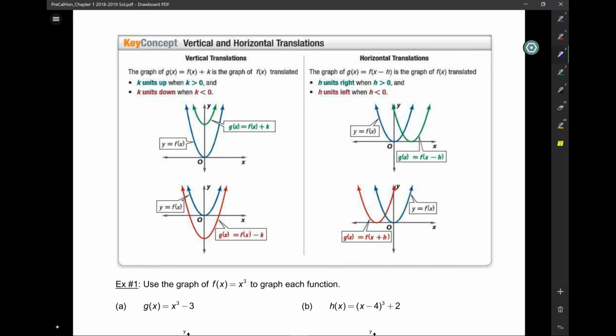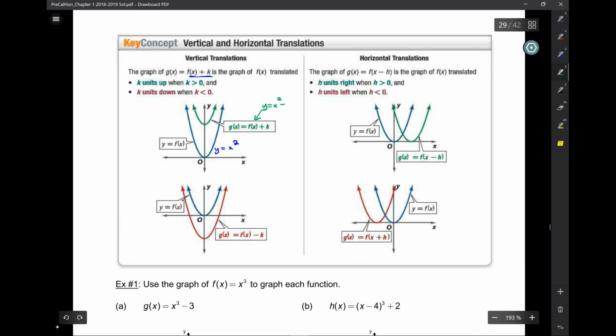I know you guys know this. So if I have f of x and I add a number to it, plus k, then it moves it either up or down. So for example, if this is y equals x squared, what would be a possible equation for that green one? y equals x squared plus 3.